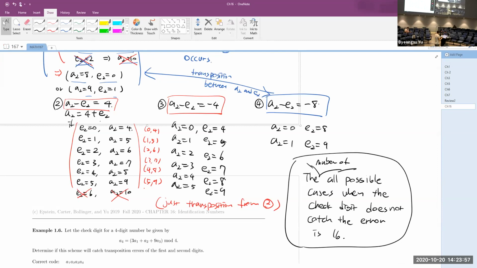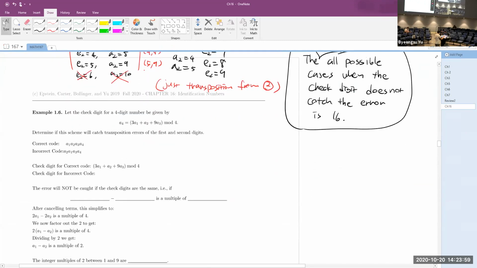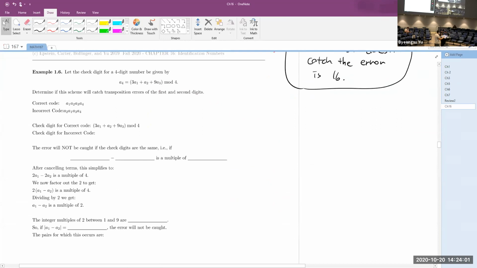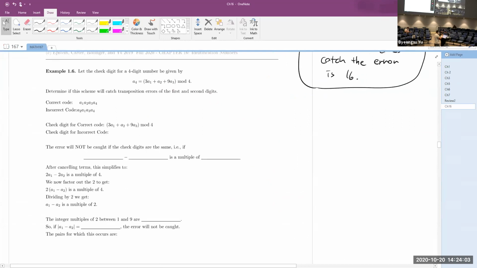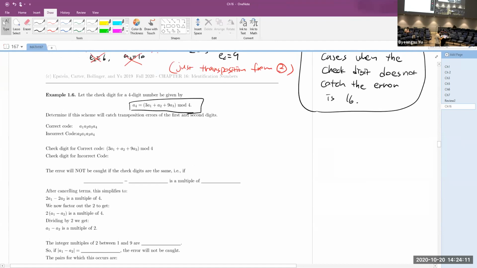Okay, then let's deal with one more example. Let the check digit for a 4-digit number be given by this. We have a little bit different notation. Oh, it is actually the same scheme from 1.5. Determine whether this scheme will catch a transposition error of the first and second digit.